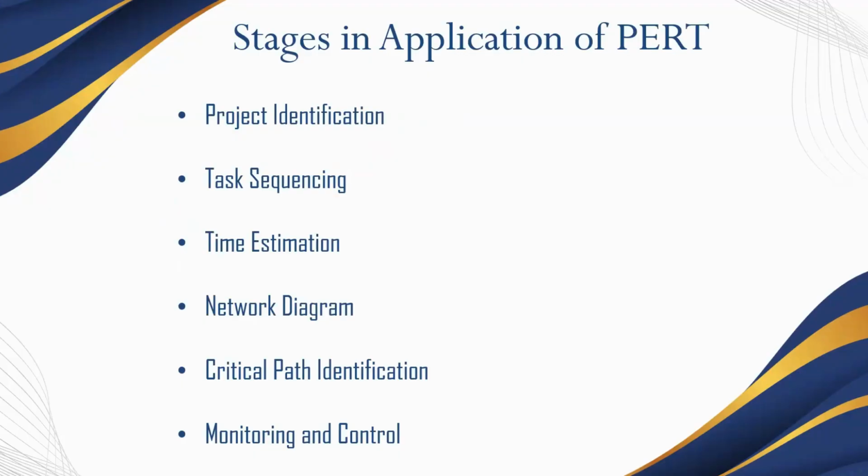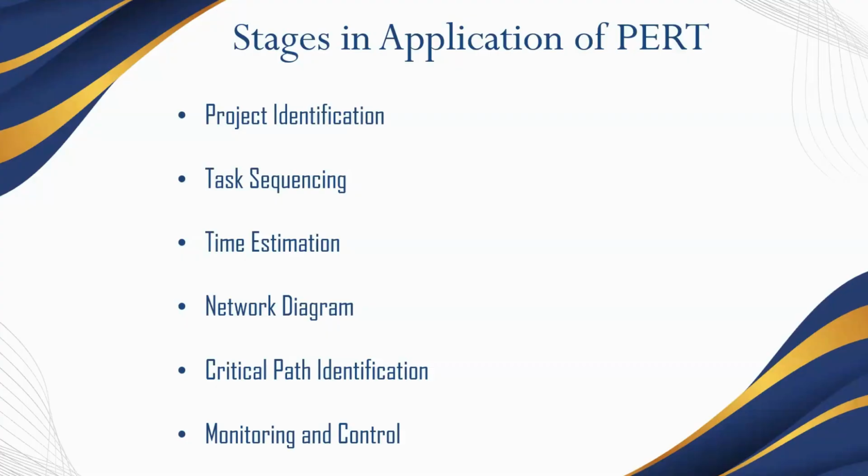These steps involve defining the major tasks required to achieve the project objectives. A list of all the tasks and activities required to complete the project, breaking down the project into smaller and manageable tasks. Each task should have a clear objective and outcome.